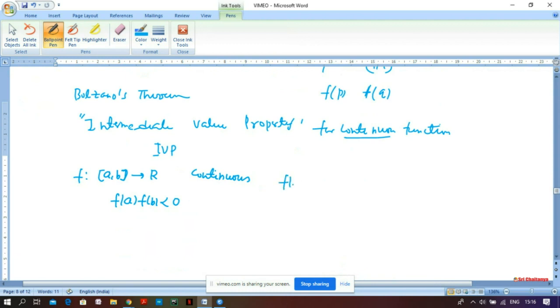It may be that f(a) is positive and f(b) is negative, or the other way around, so the product is negative. If it's continuous, then f has at least one root in (a, b), meaning there is a point c in the open interval (a, b) such that f of c equals 0.